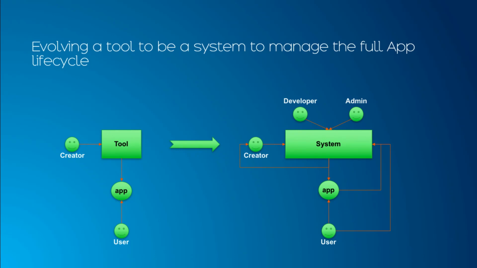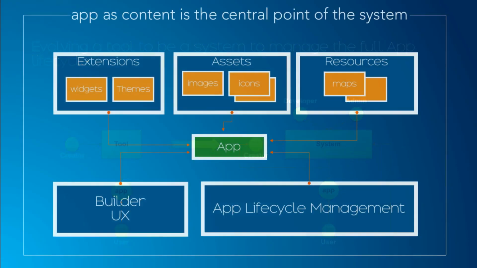So we're going to transition the tool you have right now, which is already good, into a system. The system will help you not only create an app, but also help you with the other lifecycle phases of the app. In the sense that the tool itself is not going to be the center point anymore. Rather, your application will be the central point.